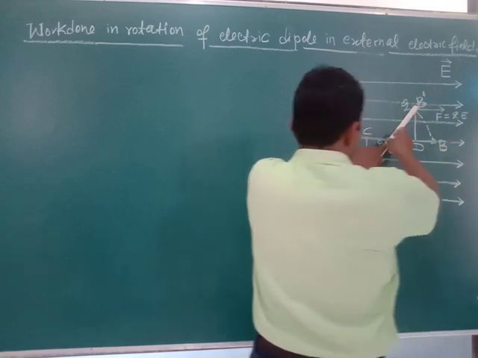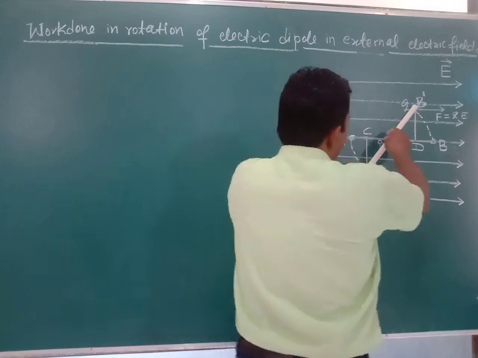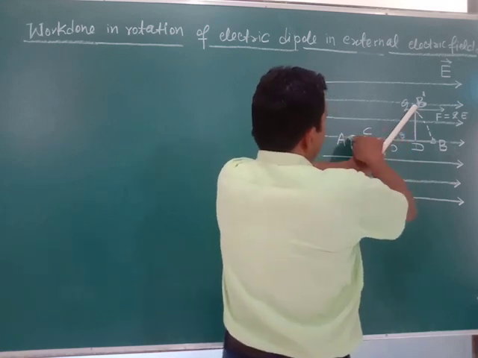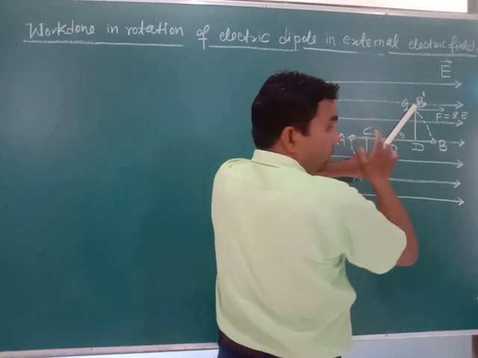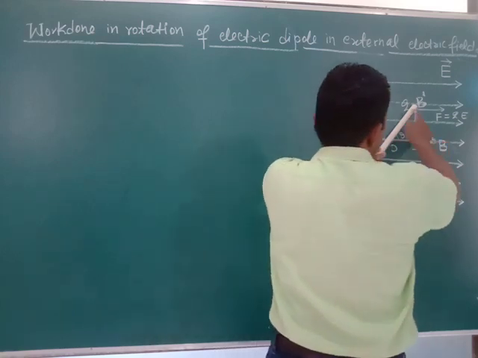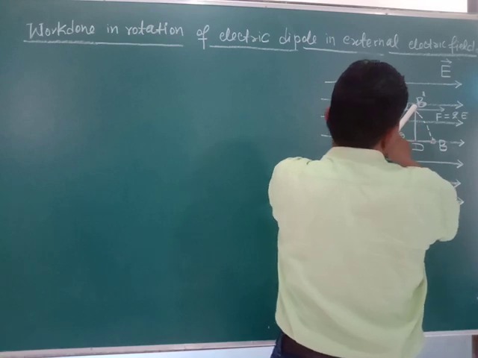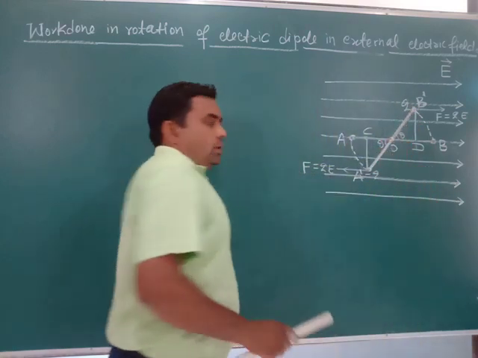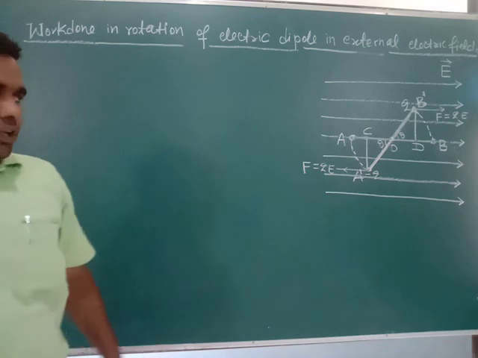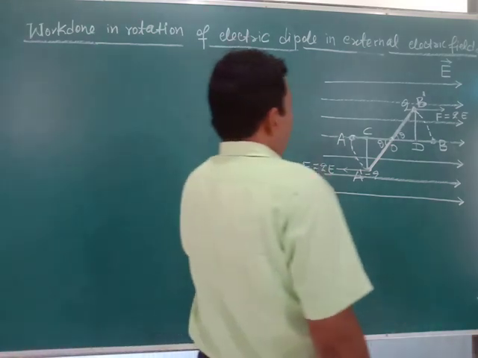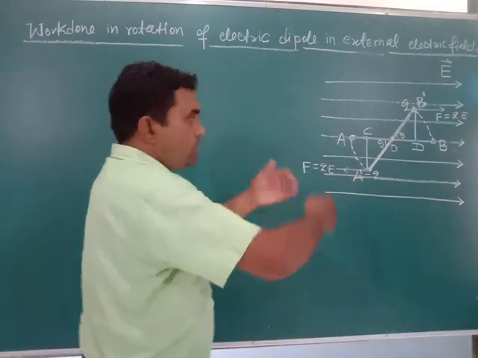In this condition, the negative charge undergoes displacement AC along the field direction, and the positive charge undergoes displacement BD along the field direction. ये स्थितियां होंगी.